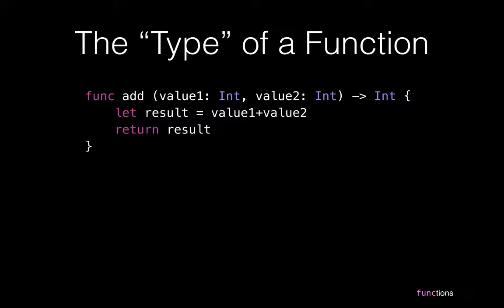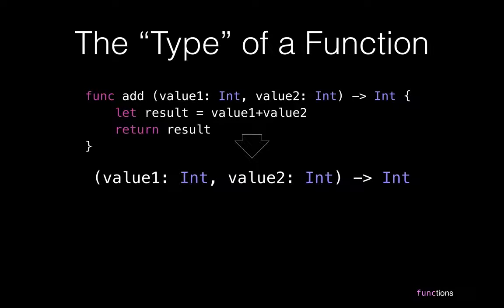So here as an example, I want to consider the add function again that we saw on the previous slide. If we wanted to find out the type of this add function, the first thing we have to do is only look at the function signature. In fact, we only have to look at the argument list and the return type.